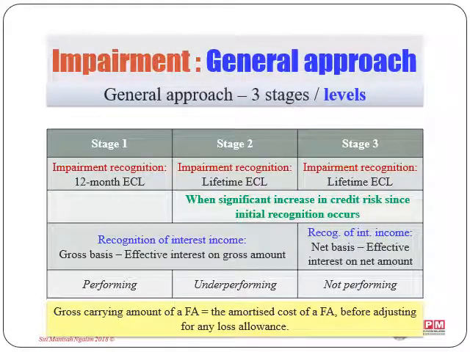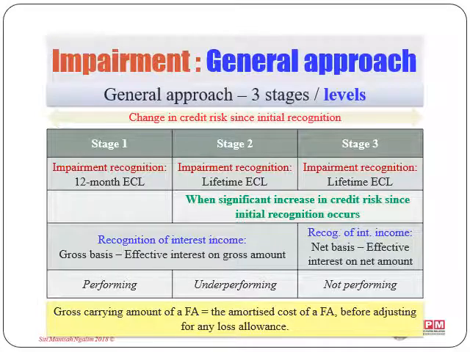For the general approach, we are given 3 stages, which are actually referring to the level of risk or health of the financial assets. What we need to assess is the change in credit risk since initial recognition. If there is a change, we need to assess whether the change is significant or not significant.